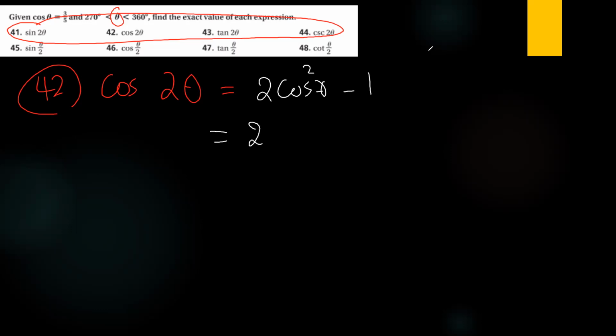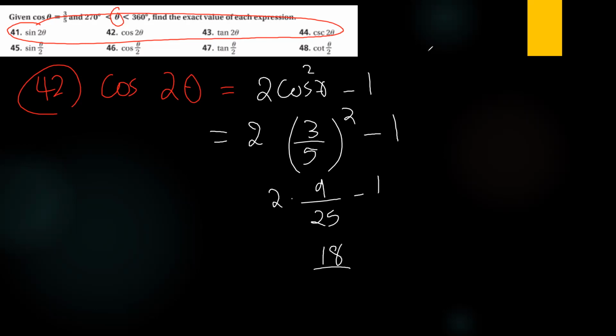It's 3 over 5, squared, minus 1. So 3 squared is 9 over 25 times 2 minus 1. So that will be 18 over 25 minus 1. Then this one can be written as 25 over 25. So it will be negative 7 over 25.